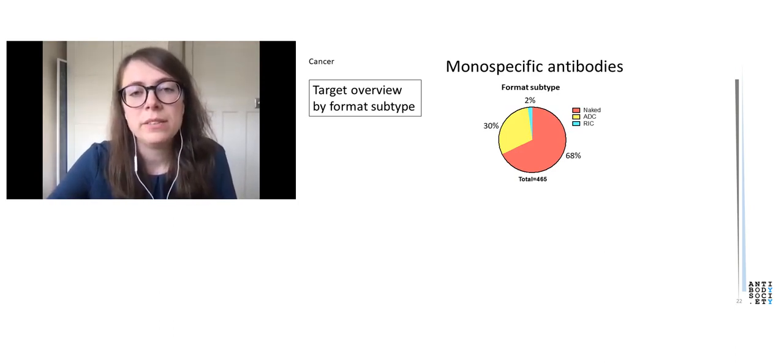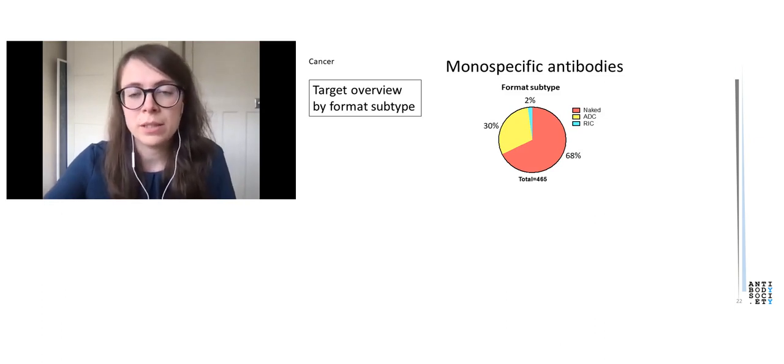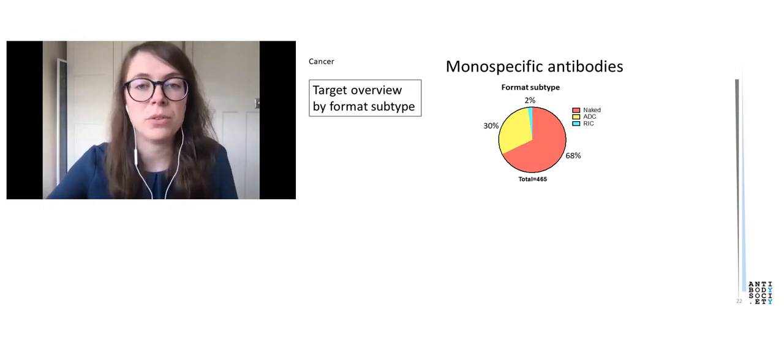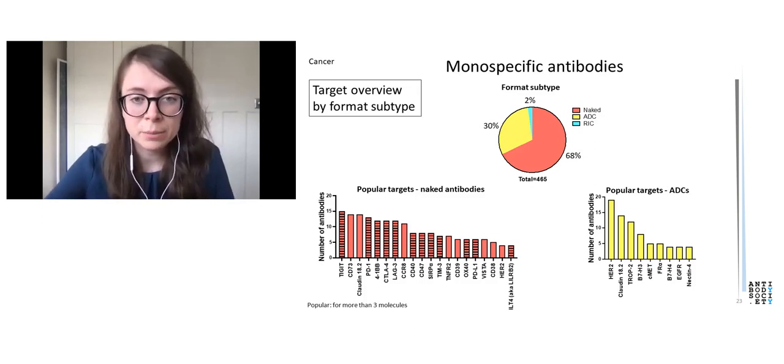We also stratified our monospecific groups according to format subtypes in terms of conjugation or not. So most of the antibodies are naked antibodies, and 30% are antibody-drug conjugates, and then we have a 2% of radioimmunoconjugates. If we look at the targets in the first two groups, on the left you have naked antibodies in red, and on the right you have ADCs in yellow.